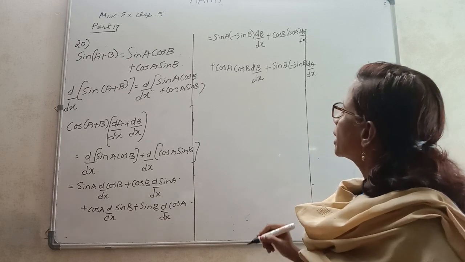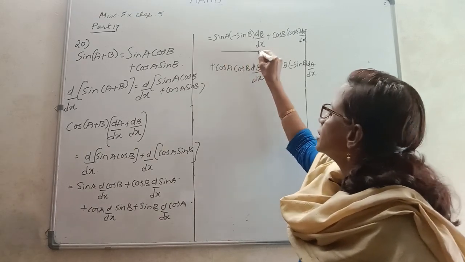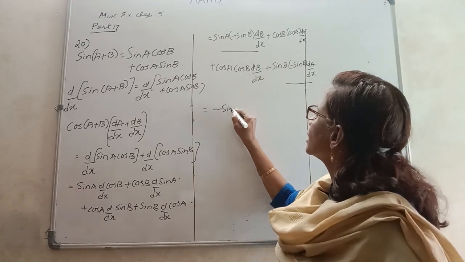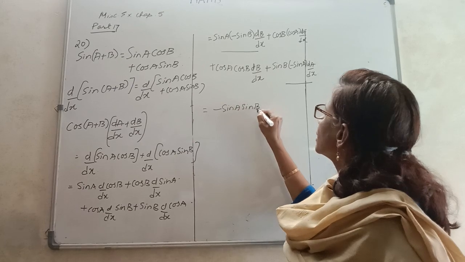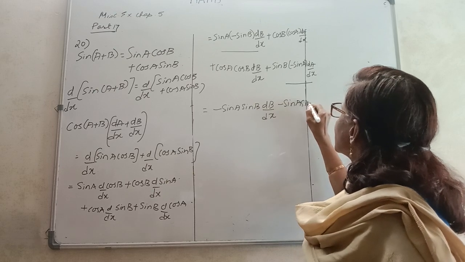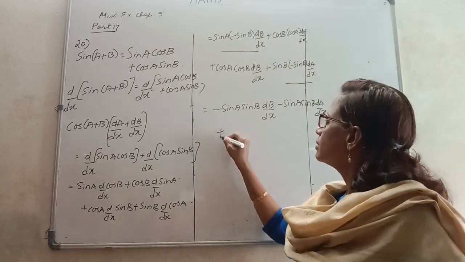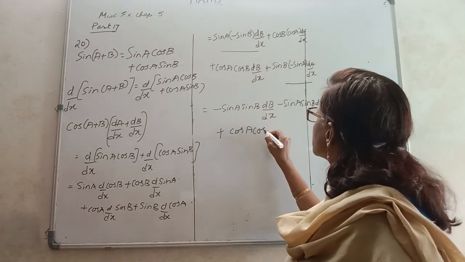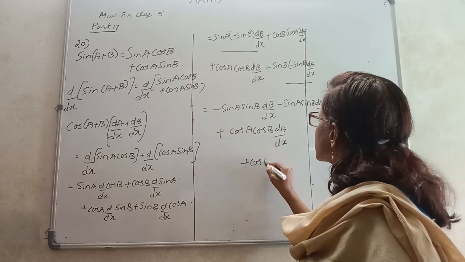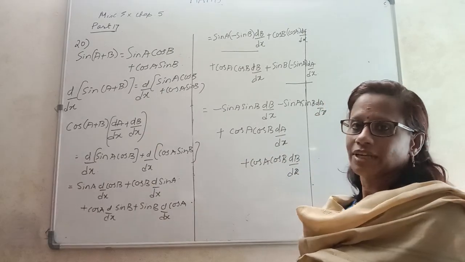Now we will try to club these terms together. We have minus sin A sin B dB/dx, and also minus sin A sin B dA/dx. These two terms can be brought together. The other two become cos A cos B dA/dx plus cos A cos B dB/dx.